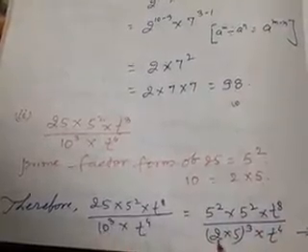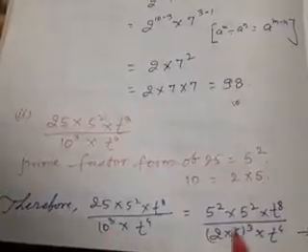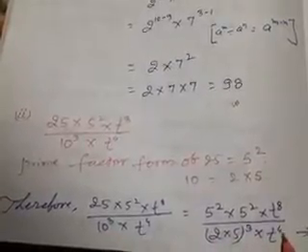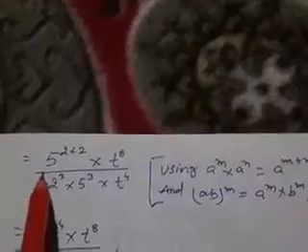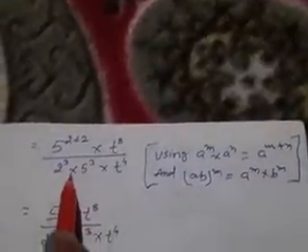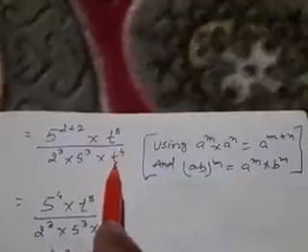We write 10 in this way, 2 into 5, to the power 3 multiply t to the power 4, is equal to 5 to the power 2 plus 2 multiply t to the power 8 divided by 2 cube multiply 5 cube multiply t to the power 4.